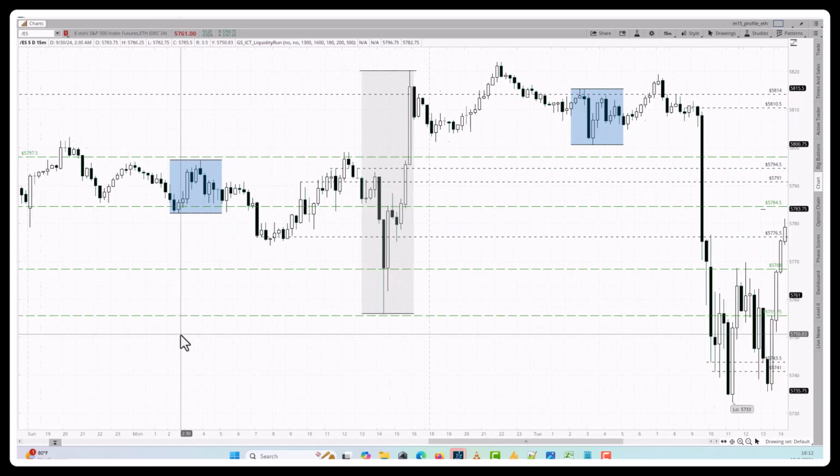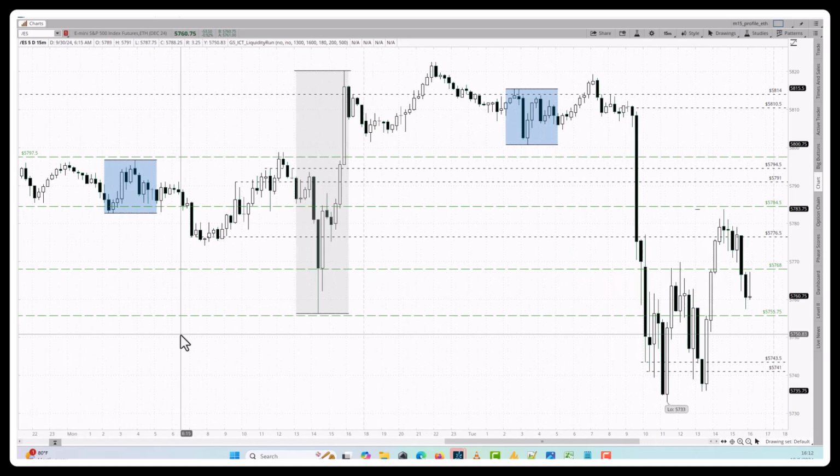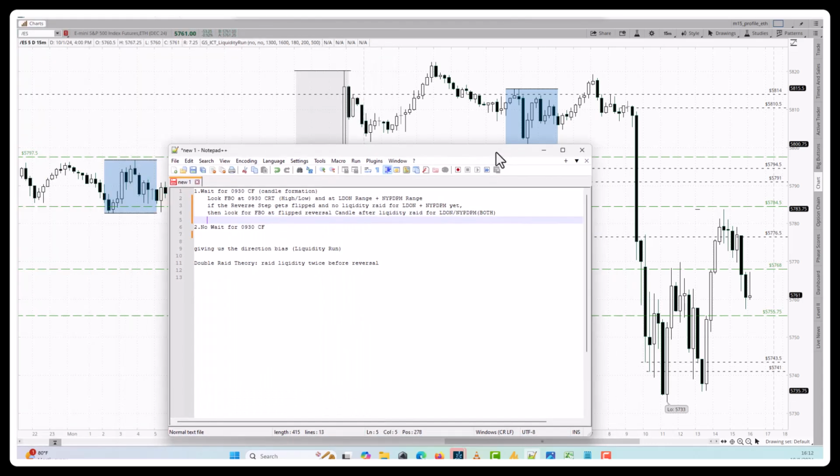Oh, yeah, we need to put that into our notes. And today we have to make the decision, right? Remember, we have the scenarios right here. Basically, we have two scenarios. We need to wait for the 9:30 candle formation, or as soon as 9:30 comes, we go in and swing right away, which I think ICT calls the Judas swing at 9:30 right there.